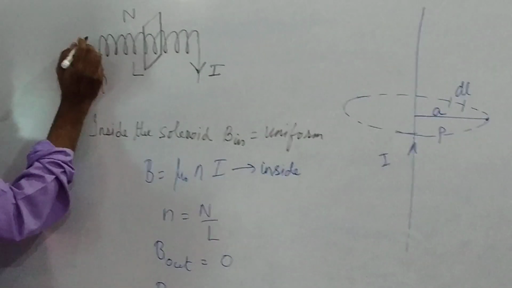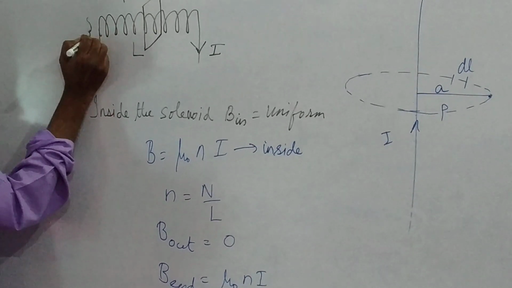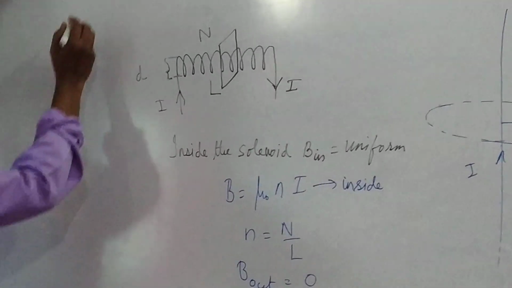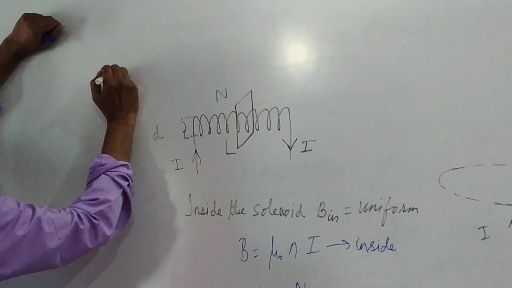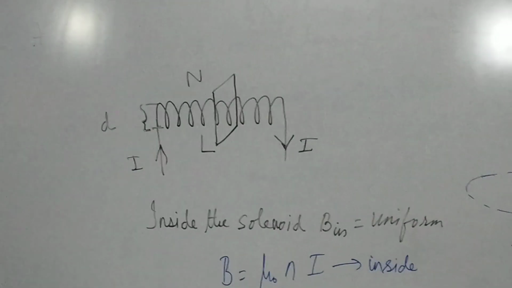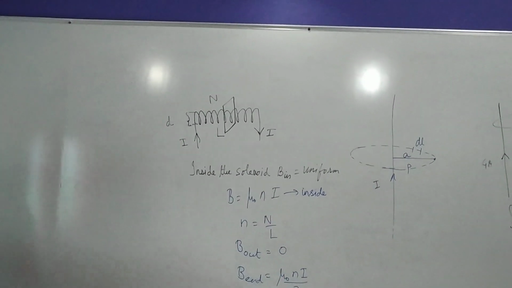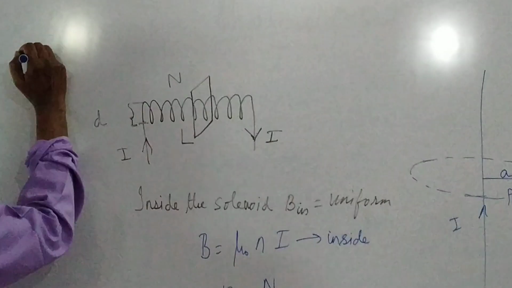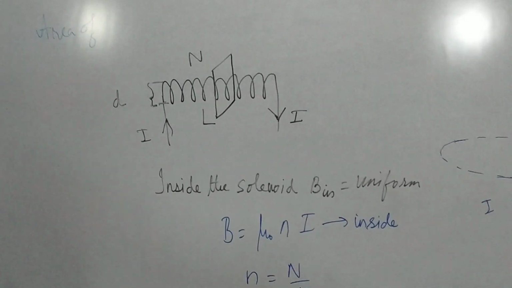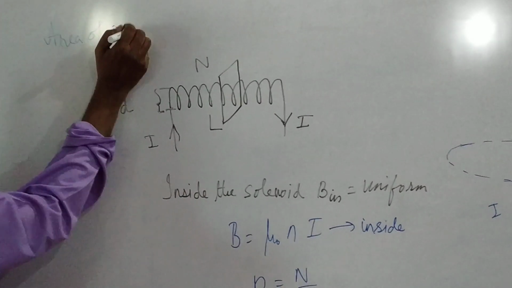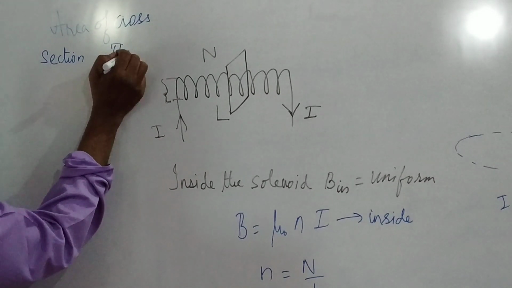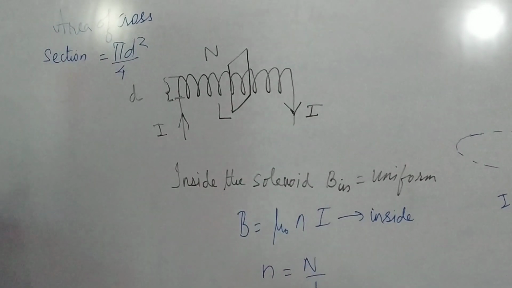If I call the diameter of the solenoid D, then the area of cross section of the solenoid will be pi D square upon 4, or you can take pi r square also.